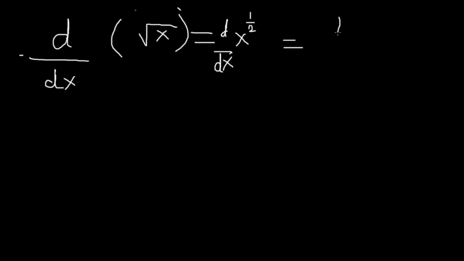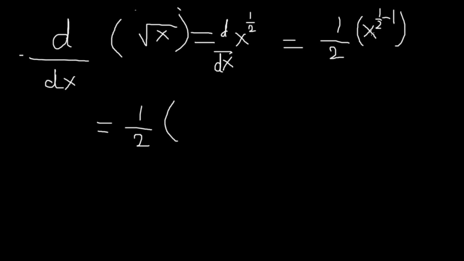So we bring the half to the front, and x to the 1/2 minus 1. 1/2 minus 1, if we find the common denominator, we can write this as 1 over 2 minus 2 over 2, and 1 minus 2 is negative 1.